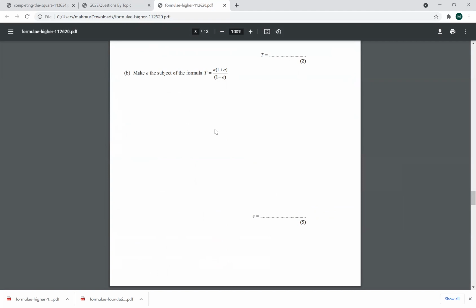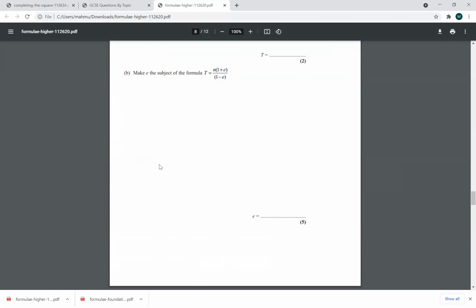So how will you make E the subject first? Think of what you're going to do. What are you going to take over to the other side first? The first thing I will do is I'll take 1 minus e to this side and keep it like this.